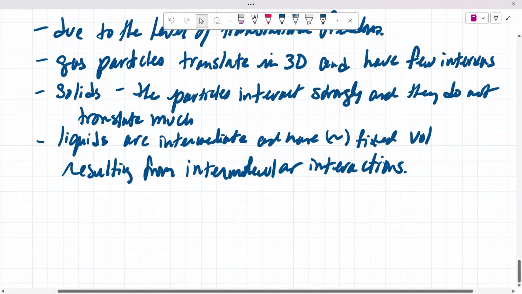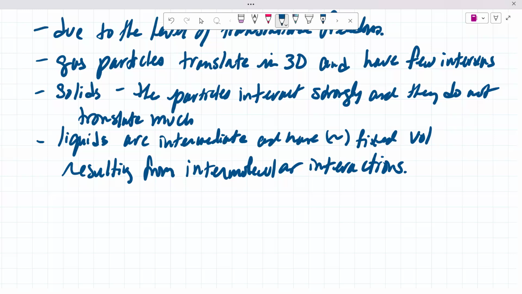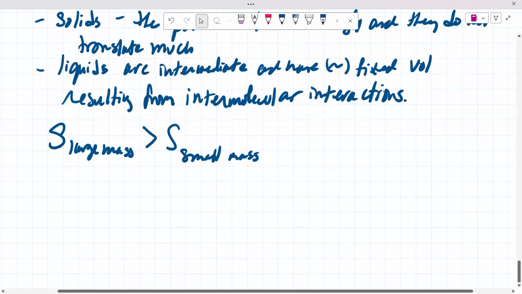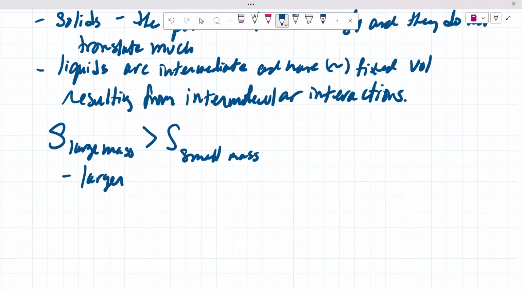All right, so now let's talk about size. The entropy of a large mass is greater than the entropy of a small mass. Why? Well, it has to do with the number of slots that you have. You think about those chambers, right? So there's more slots, there's more combinatorics. Larger mass corresponds to greater thermal disorder.